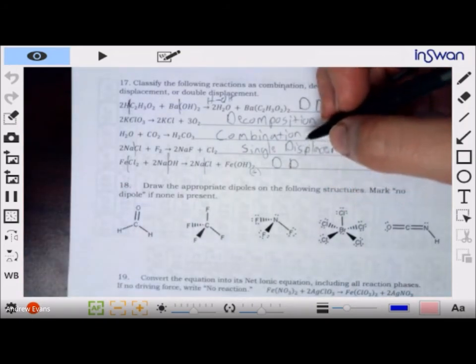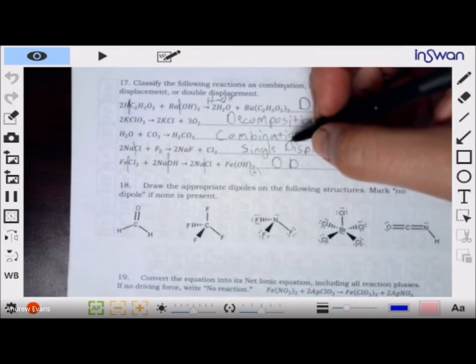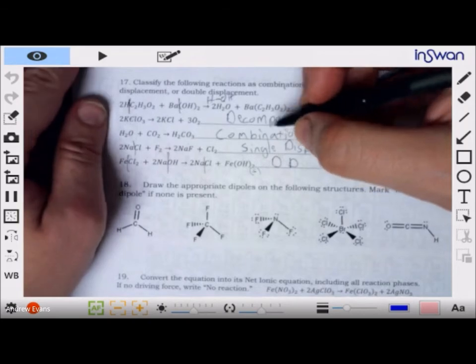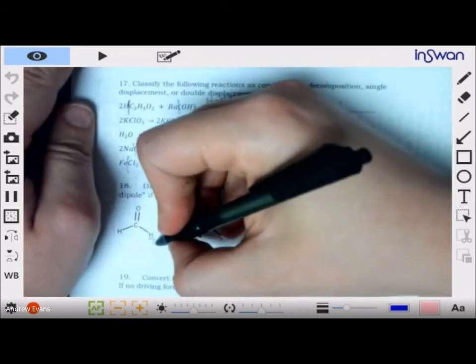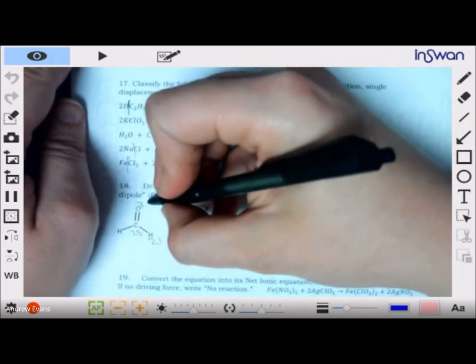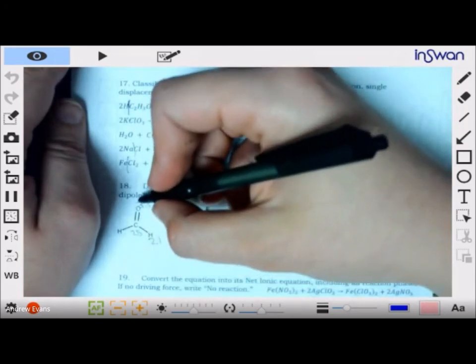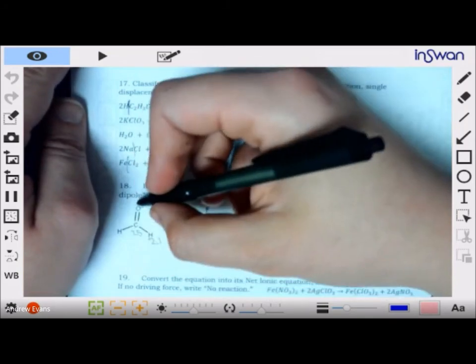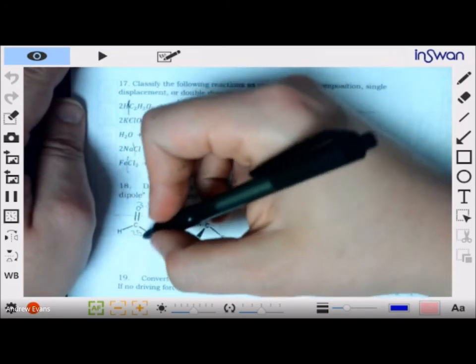So draw the appropriate dipoles on the following structures. Mark no dipole if none is present. 2.1, 2.5, 3.5. It's trigonal planar, but there is a lack of symmetry on this molecule.